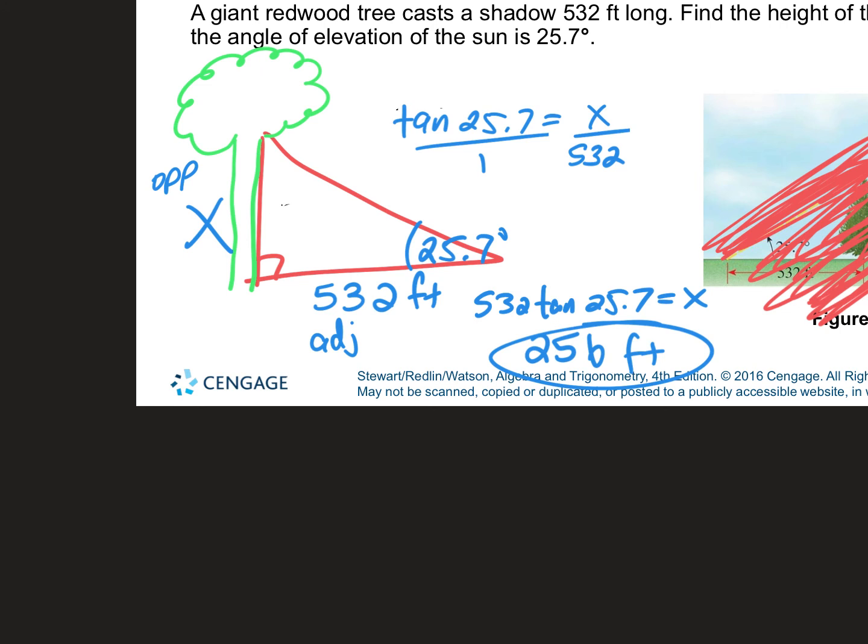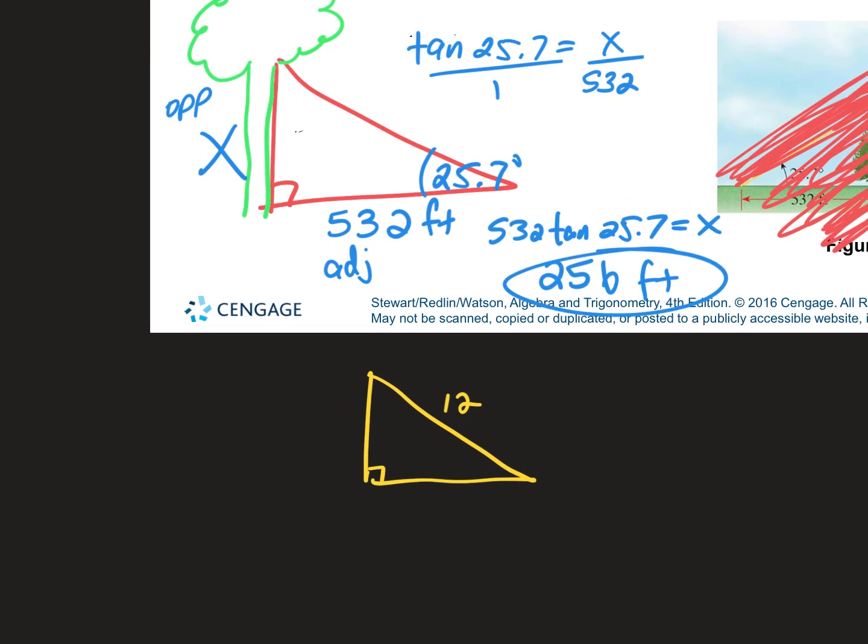Just to bring something up, say they give us the information that the hypotenuse, for a ladder leaning against a house, is 12. How far is the base of the ladder from the house? And my angle of elevation is 37. What do I have here? In regards to 37, what is x? The adjacent, good. And what is 12? The hypotenuse. So what trig function uses adjacent and hypotenuse?